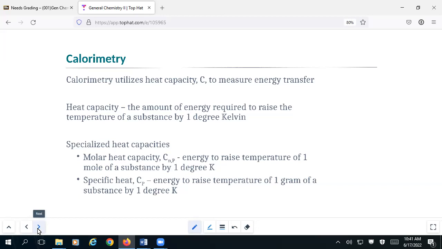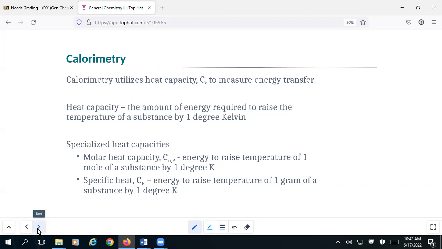And as we have seen, and this is just more for review purposes, there are multiple ways of measuring heat capacity. One of them based on a per molar measurement, the molar heat capacity, and one that is measured on a per gram basis, the specific heat.